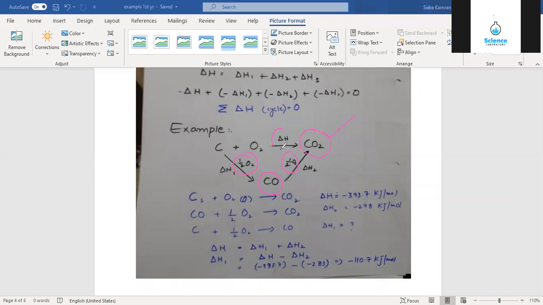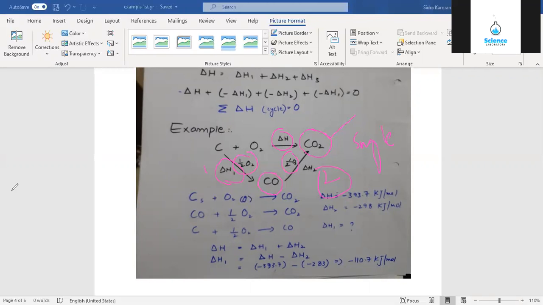So this is a delta H, direct formation of carbon dioxide in a single step, but here you can see it is done in two steps, more than one step. This is step 1, this is step 2. First you are making carbon monoxide, then you are making carbon dioxide. So there are two enthalpy changes, delta H1 and delta H2.